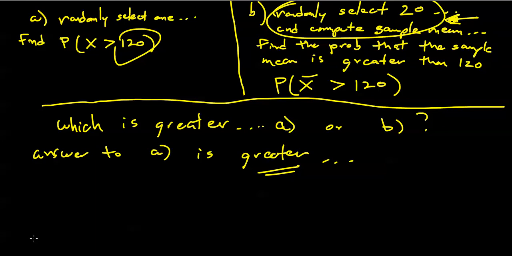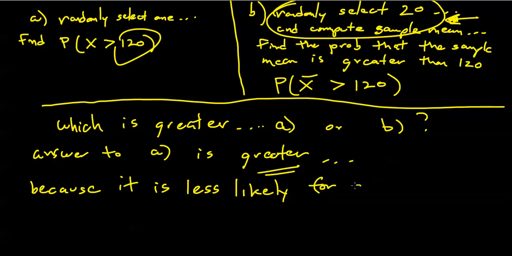Let me write this down. Answer to part A is greater because it is less likely, or less probable, for a sample mean to be in what we might call an "extreme" or even an above average range.